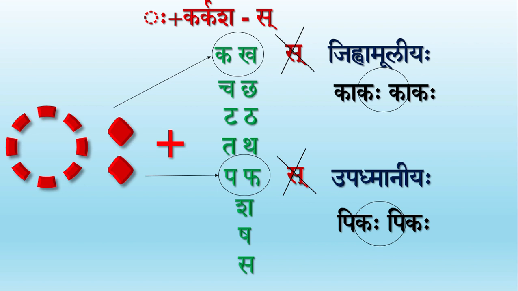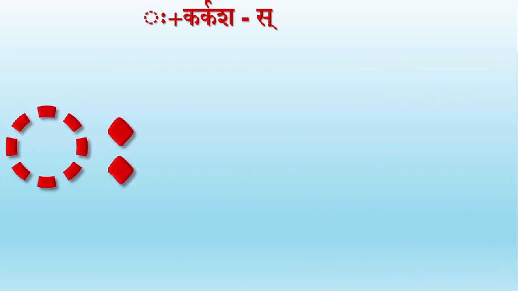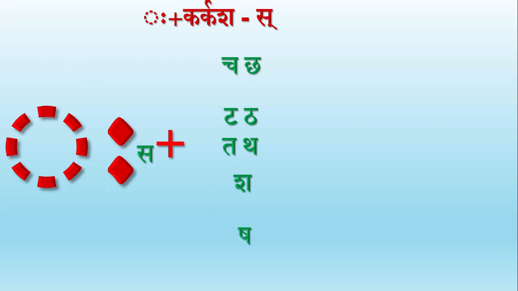Now, let's see the next case when the Visarga is followed by Cha, Chha, Ta, Tha, Ta, Tha, Sha, Sha and Sa. Here, when we have the letters Cha, Chha or Sha, the Varnaha Sa enters, but it later changes to the letter Sha because of Shchutvam.